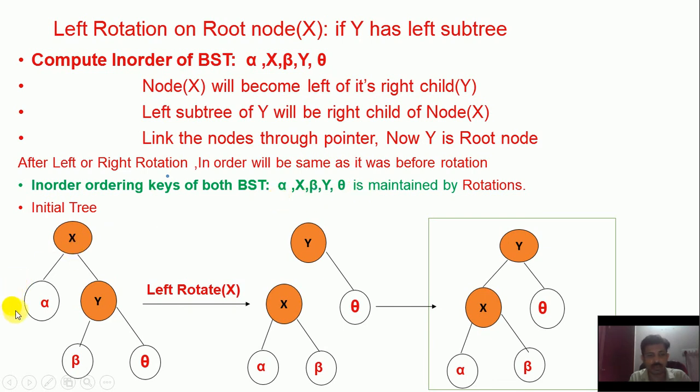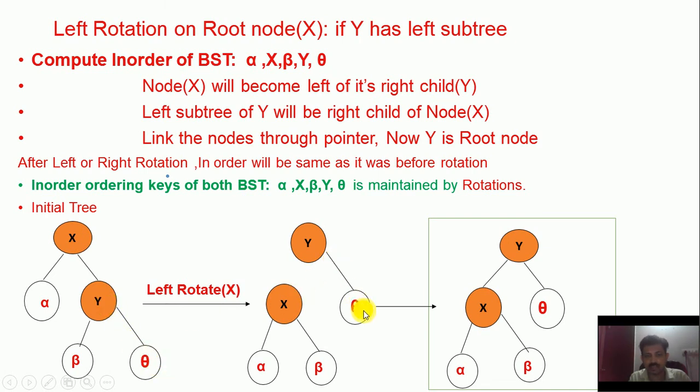So when we put X at the left side of node Y, and beta is the left child of Y, then beta will be placed at the right side of X. Please watch it again: when X is placed on the left side of Y, and if Y is also containing a left subtree, that is beta, then beta will be placed at the right side of X. So only Y and theta remain here.